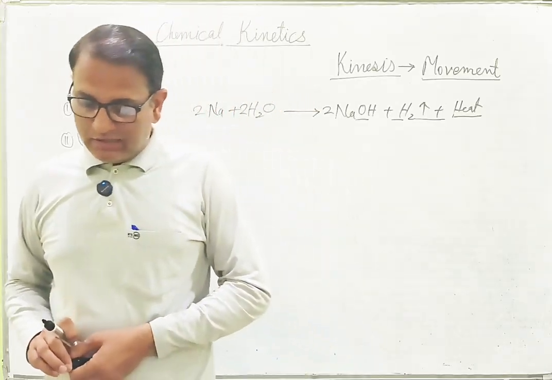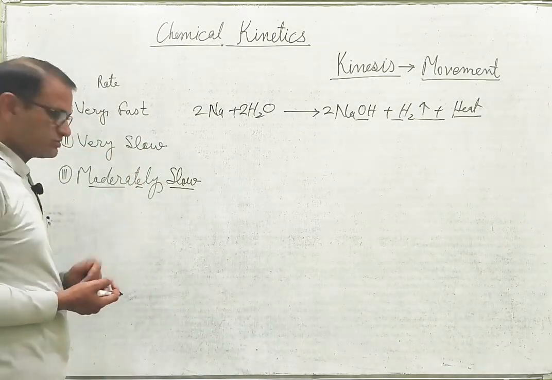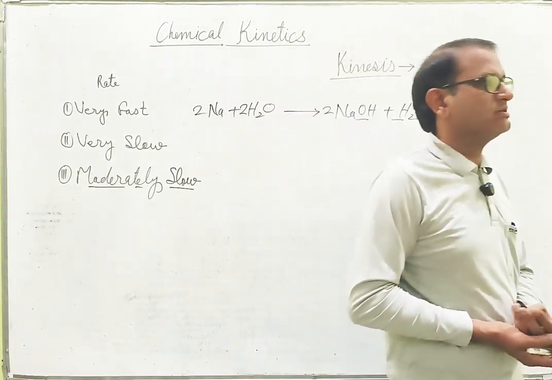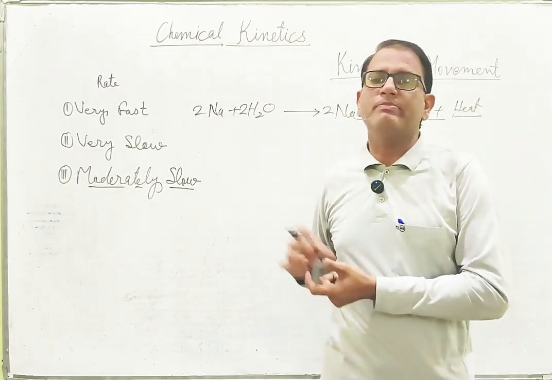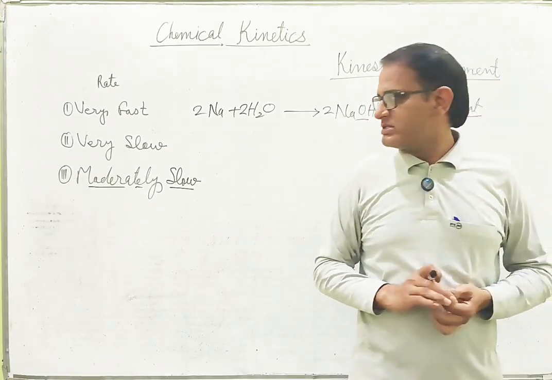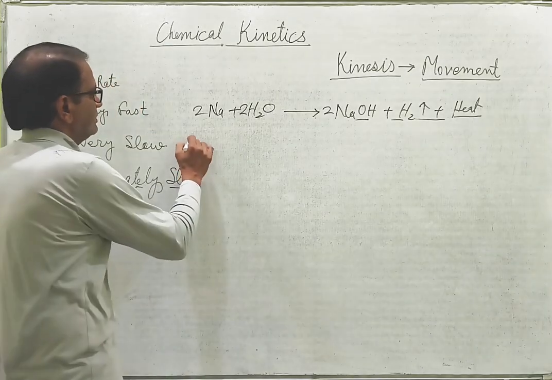So the second category of reaction is very slow reactions. Very slow reactions are the reactions which take years or months to complete or to get the final product. We can exemplify such a reaction by rusting of iron.